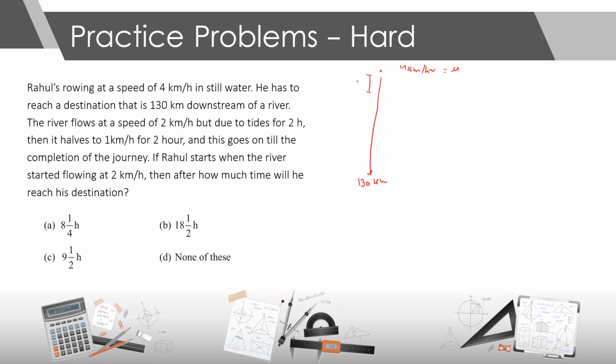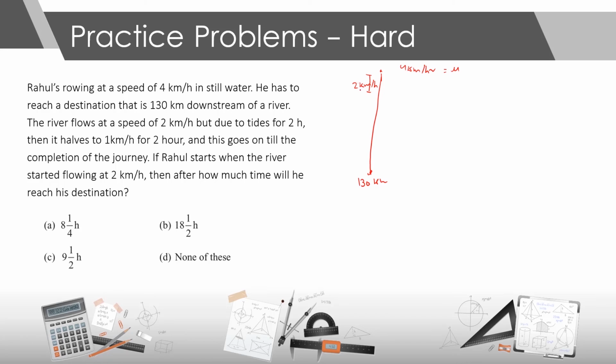If Rahul starts with the river which started flowing at 2 kilometers per hour, then after how much time will he reach his destination? So let us understand what is happening here. Rahul is starting from the initial point and the speed of flow at that point is 2 kilometers per hour.